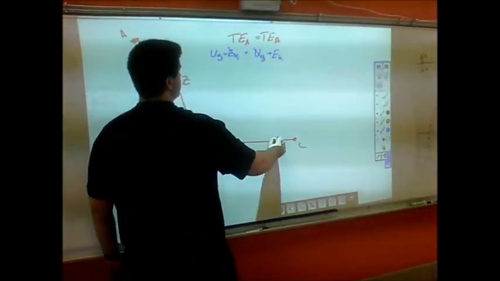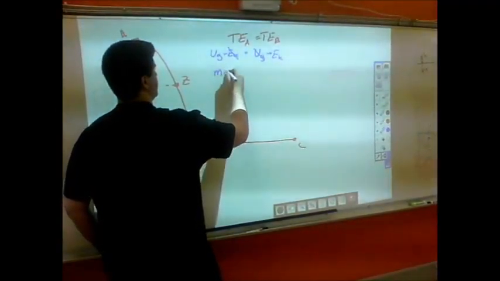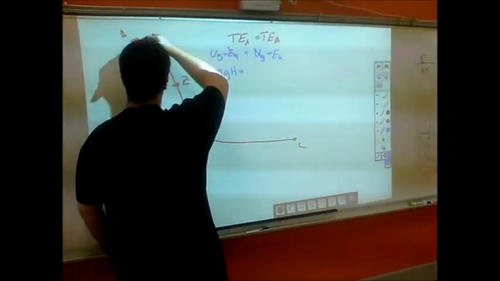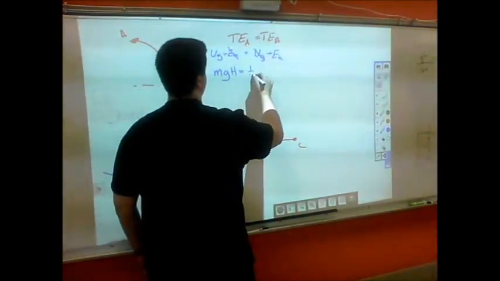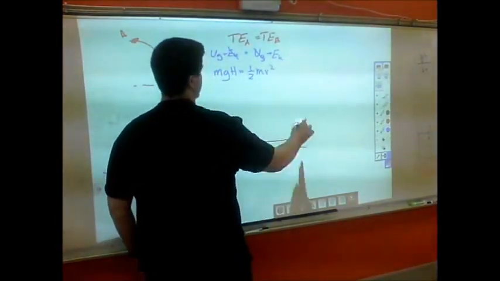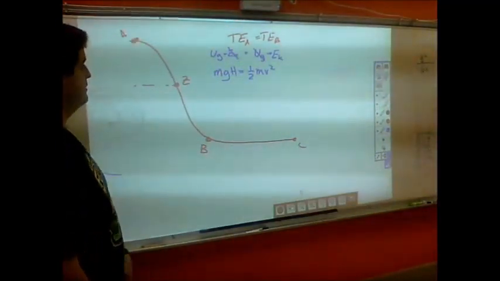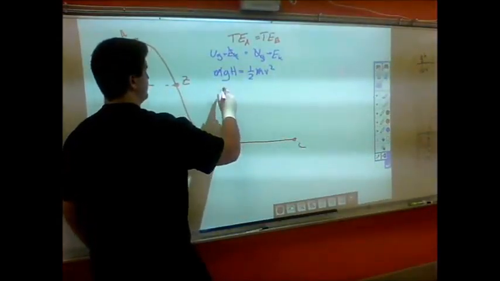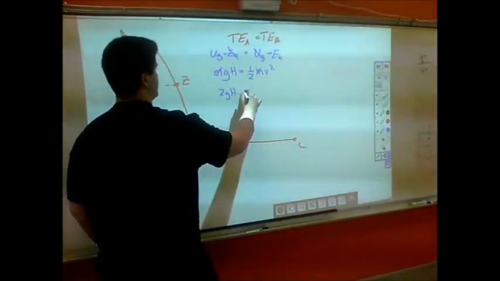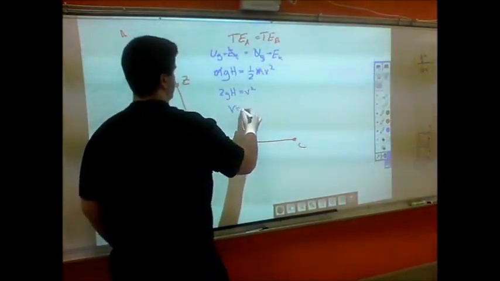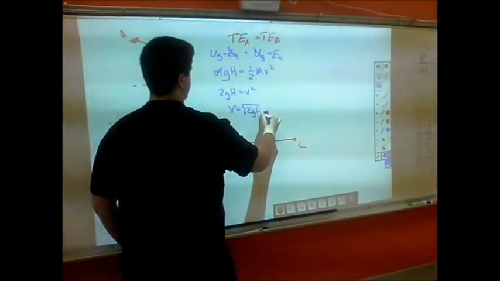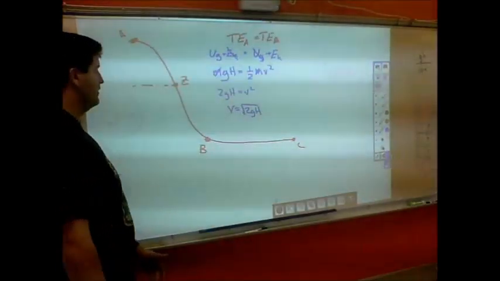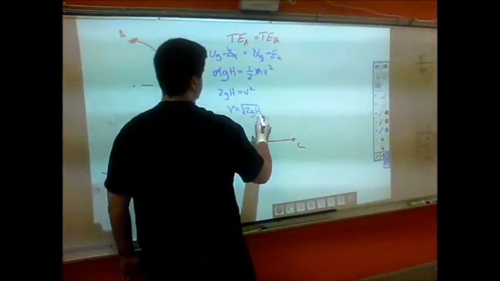So now our equation becomes mgH, which should be a capital H because that's the height at A, equals 1/2 mv squared. The v is what we're looking for. Again, the m's cancel out, and so we get 2gH equals v squared, so v is the square root of 2gH. Does that make sense?